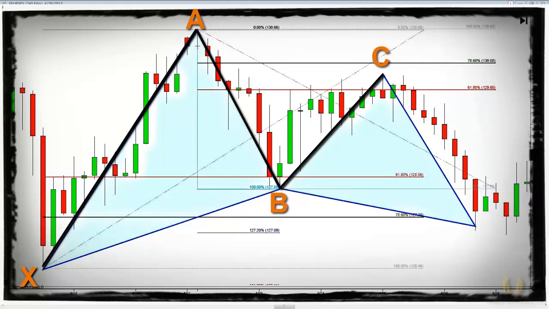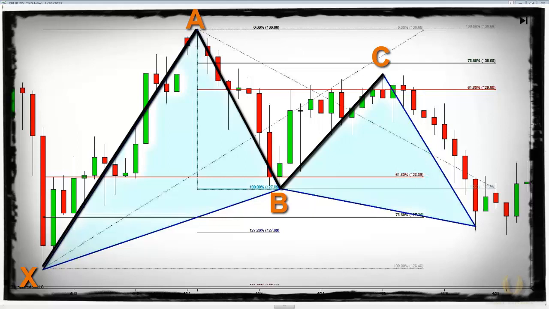Now the optimal retracement zone will be somewhere between the 618 retracement and the 786 Fibonacci retracement, but as long as price action does not push beyond the A leg, then the C leg is still valid. So again, as long as the wick of the candle does not push beyond the lows or the highs of the A leg, depending on if it's a bullish or bearish Gartley, this C leg is still considered valid.